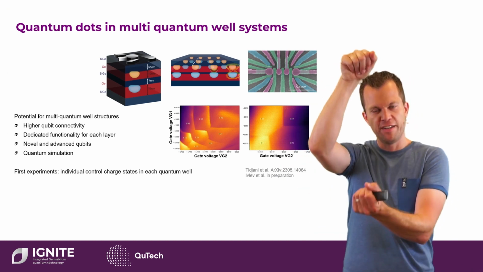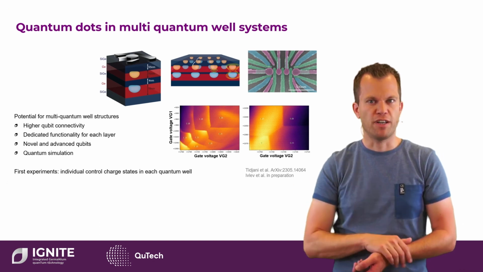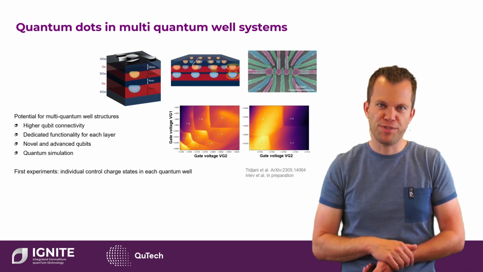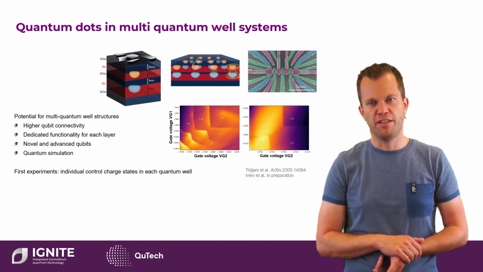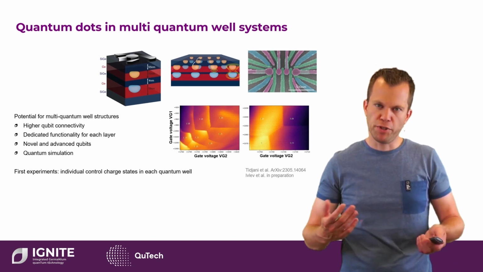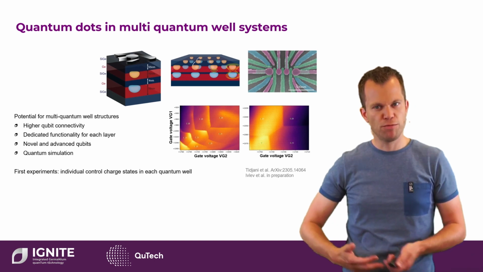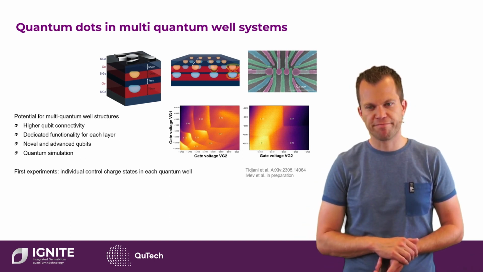Then effectively, there's an attractive force between the outer two layers. This may be regarded as a boson, and so maybe in these multi-quantum well systems, there's a possibility to create artificial superconductors. So multi-quantum well systems may be explored for quantum computation, quantum simulation, and building of novel types of qubits.